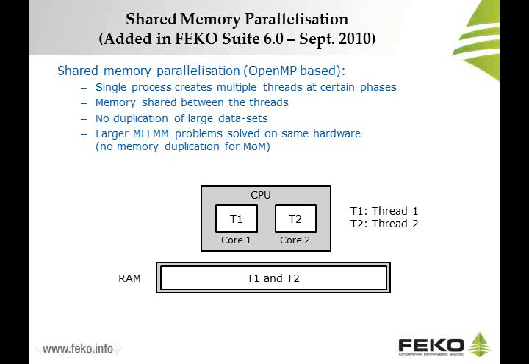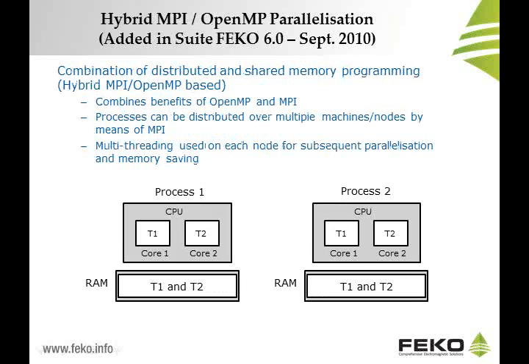And quite important, of course, is a hybrid parallelization strategy where we combine the usage of MPI for the communication between the nodes of a cluster with OpenMP for the parallelization inside of the different cores or CPUs hosted on the same physical machine.